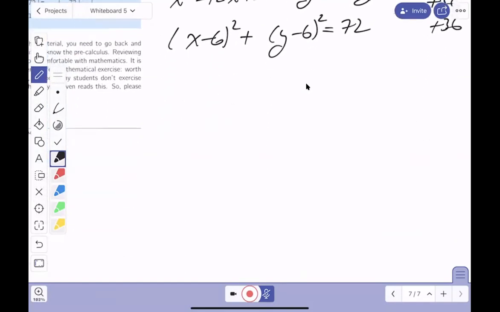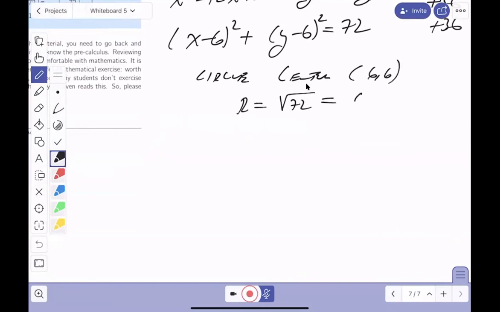So what do I know? This is a circle. Well, they did say it's a circle, didn't they? The center is, let's write this down, 6, 6. And the radius is the root of 72, which is going to be 6 root 2. Now, granted, I'm not really interested in drawing a good picture, but I guess I should draw a picture, right? So 6, 6, center, circle, maybe something like this over here.